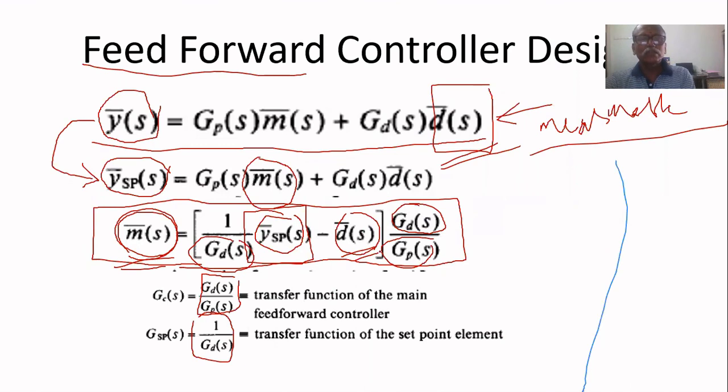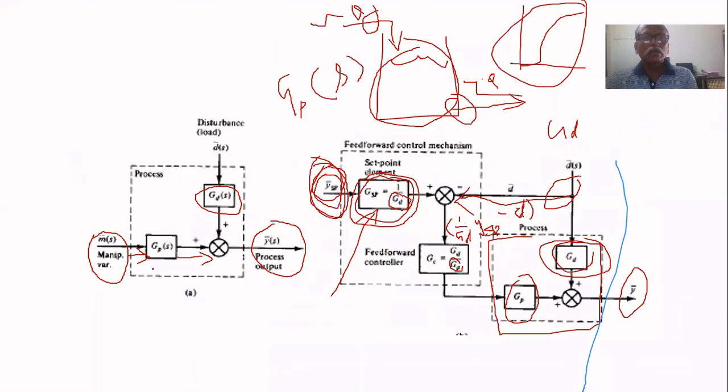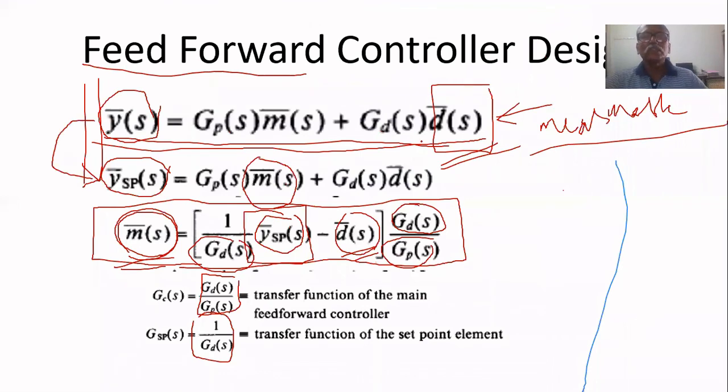Then this is general. Quickly I will tell the design of this. This is the process model. The disturbance is entering here, the input is entering here. So y is equal to Gp(s) times m(s) plus Gd(s) times d(s). So we got this equation.